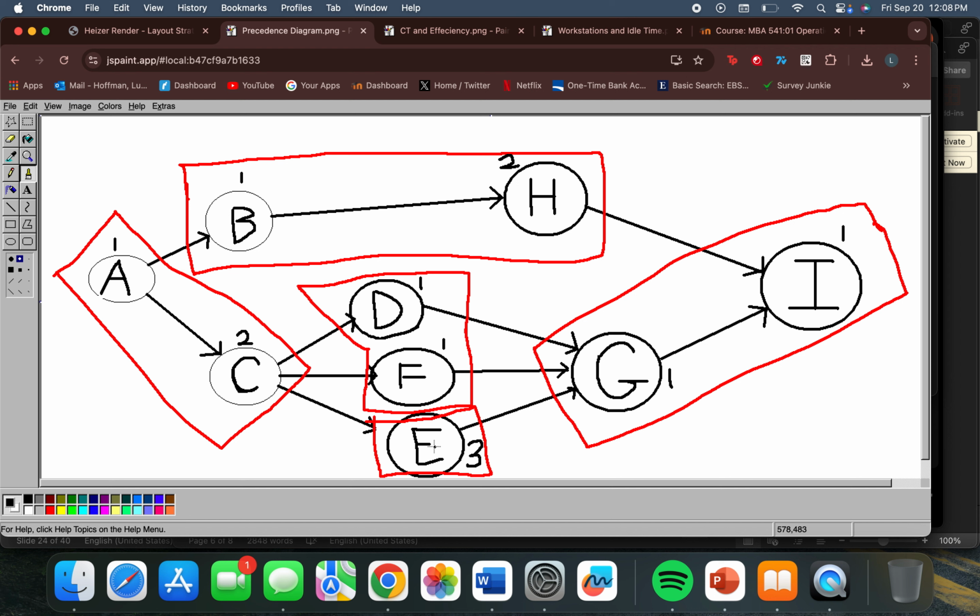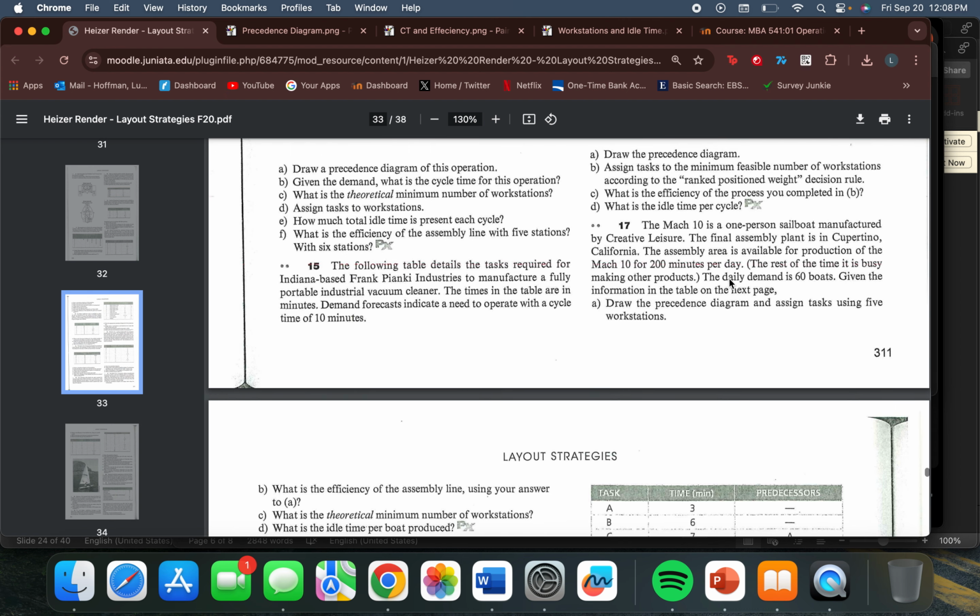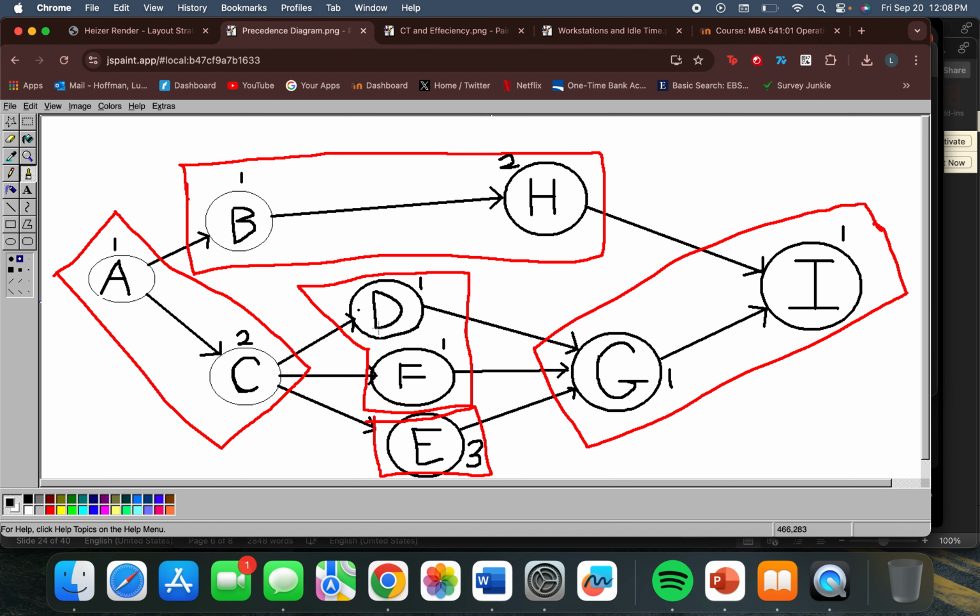Obviously, we know since E is 3 minutes exactly, that's going to be by itself, and then we just have to divvy up the other ones and stay in this line so they're not going back and forth. So they're all under 3 minutes. There are obviously some that are 2 minutes, so there's going to be some idle time. We'll talk about that a little bit later. So this is just the diagram that I made. Pretty simple.